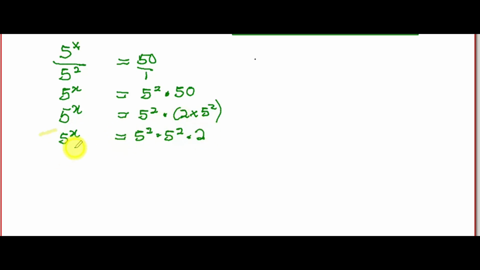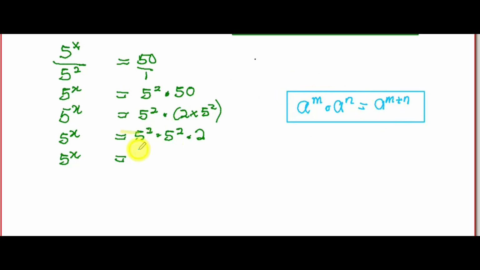Right, so here we'll have 5 raised to the power x equals, then we apply this indices rule again. If you have a to the power m multiplied by a to the power n, it is going to give us a to the power m plus n, right? So this rule will be applied here.